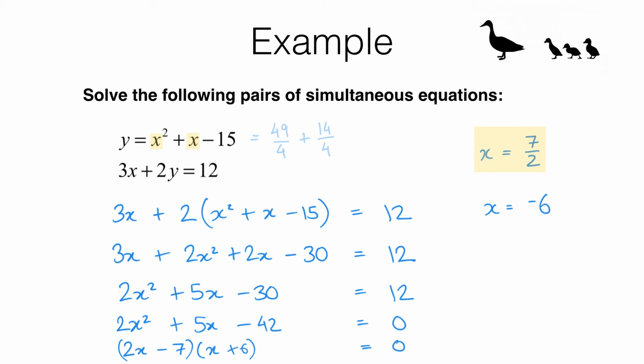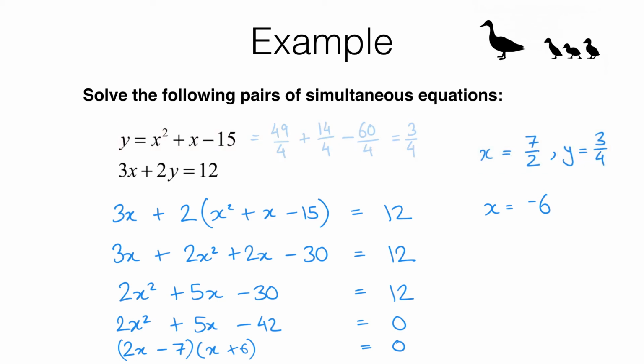And again, I'm going to write the 15 as 60 over 4, just to make my life a little bit easier. So what we have here is 49 over 4 plus 14 over 4. That gives us 63 over 4 so far. And then when we subtract 60 over 4, we're just left with 3/4. So our first solution set is x equals 7 over 2, y equals 3/4.